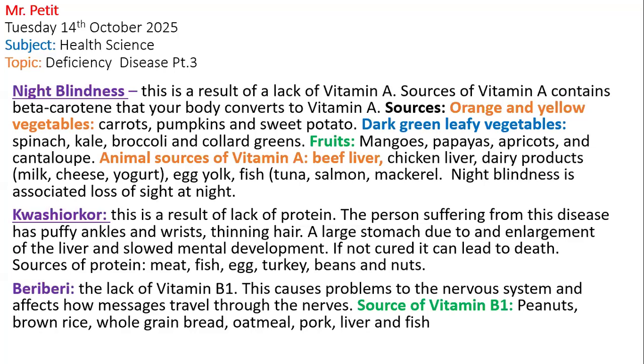Kwashiorkor. Very good. Now, kwashiorkor is a result of what am I lacking? Protein. Very good. Does anyone know what is the fundamental unit of protein? No, listen to the question. The fundamental unit of protein. What is the basic unit of protein?